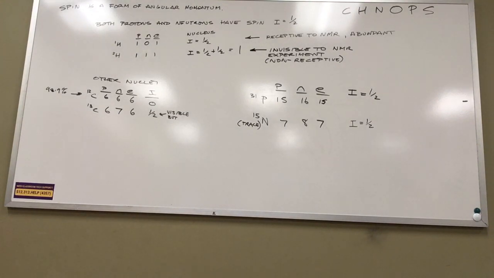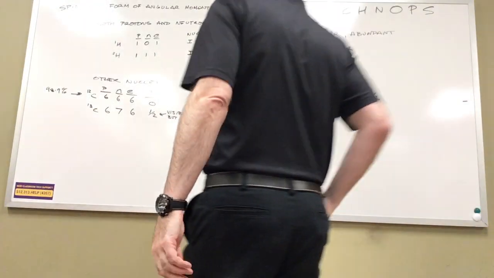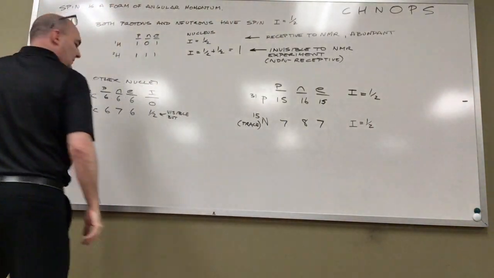Okay, all right, we talked a little bit about the design of the experiment and the theory behind it: that there is a nucleus, it generates its own magnetic field.